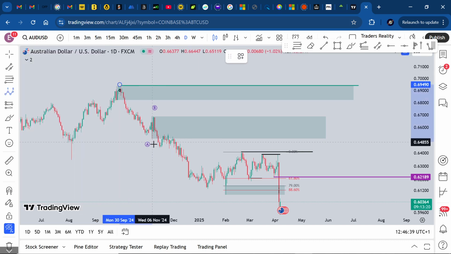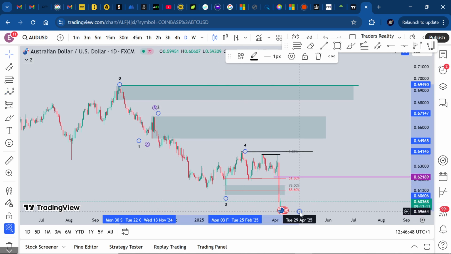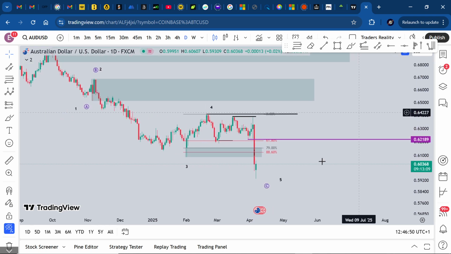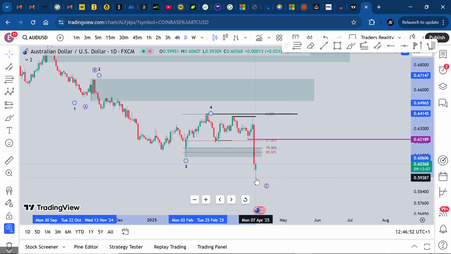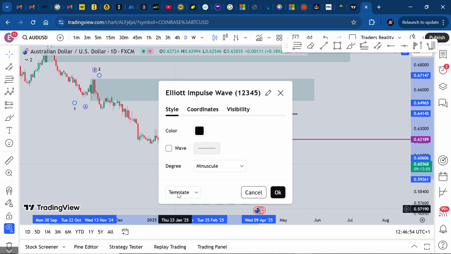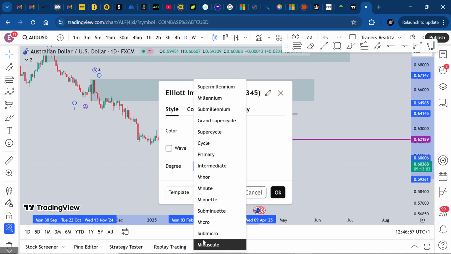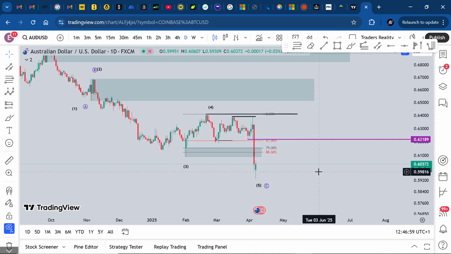AUD USD and NZD USD are not in the same type of wave as Euro USD and GBP USD are, where they're in fourth waves or creating another fourth wave to continue lower.